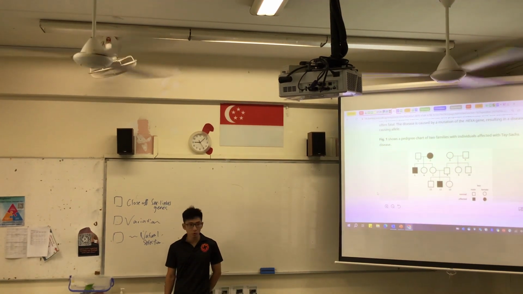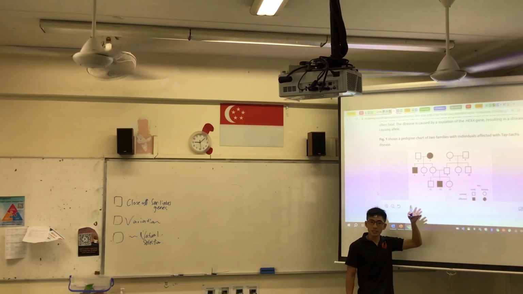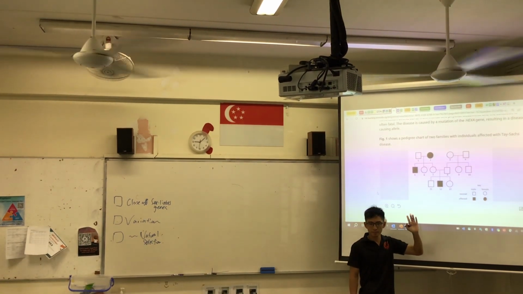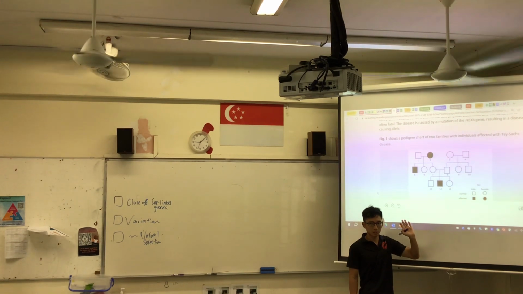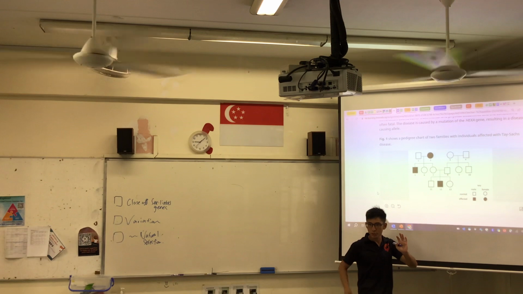As you're doing question 2, the first question you ask yourself is, when you look at this pedigree, can you tell if it's sex-linked or not? Because if you go down the wrong path, then your subsequent questions will all be wrong.